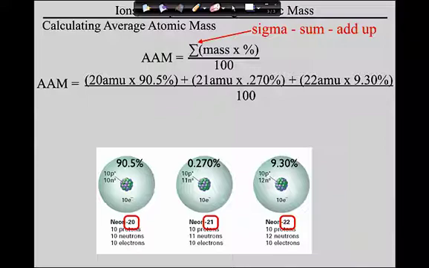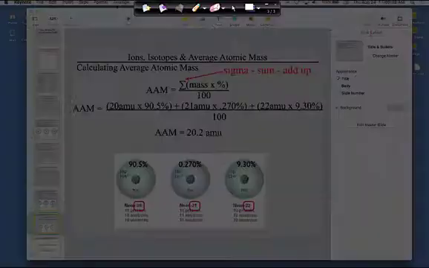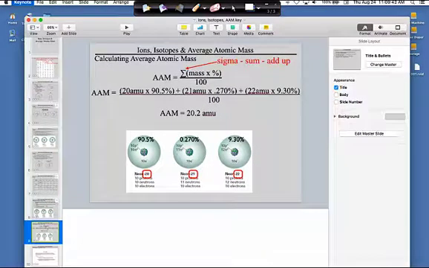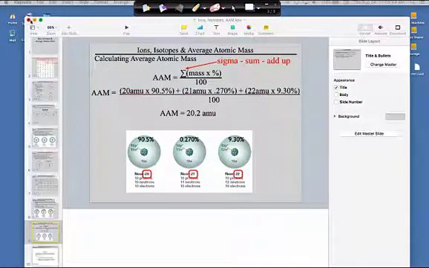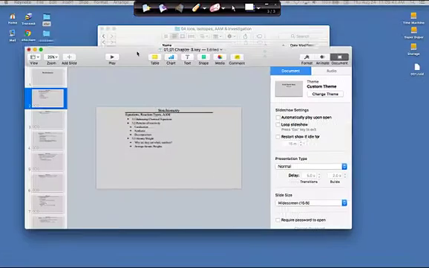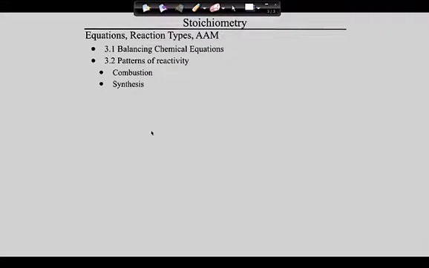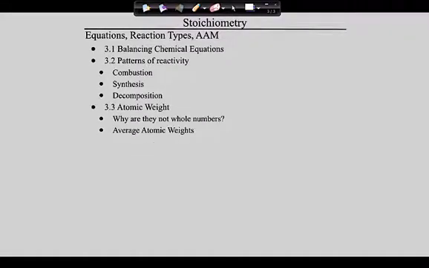Is that coming back to you? Okay, that's what we're talking about. So when you get to it in homework, if you're not quite sure, we can also talk about it a little bit on Monday as well if we need. Okay, so in my mind, guys, we understand why they're not whole numbers, and we understand average atomic weights or masses. We good to go?